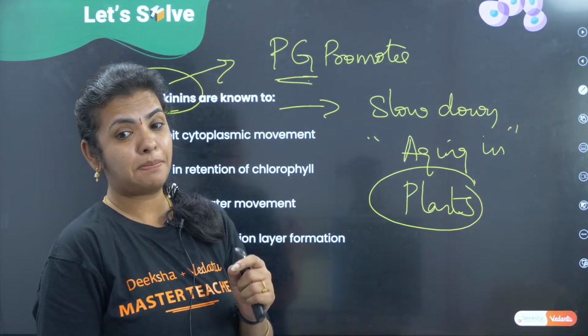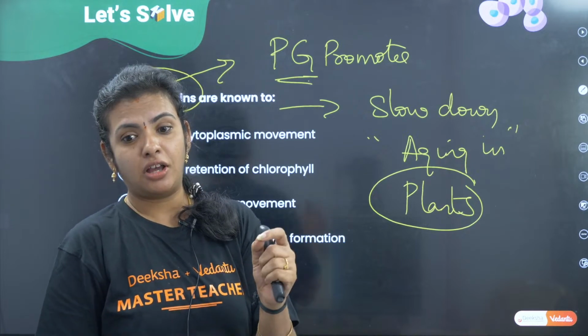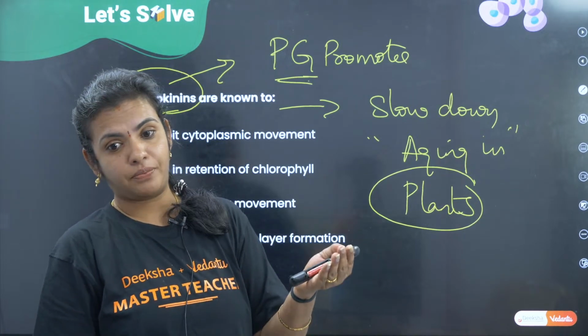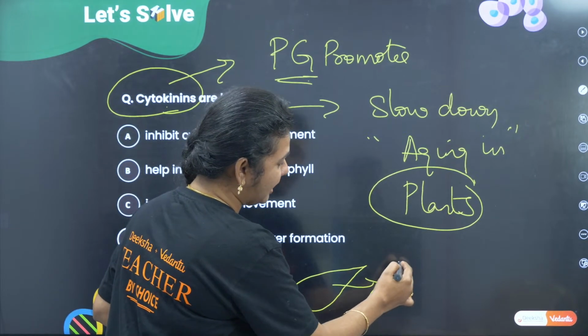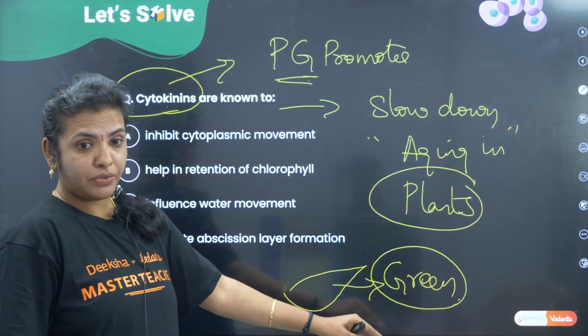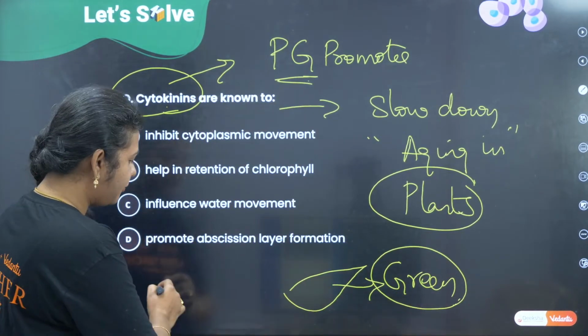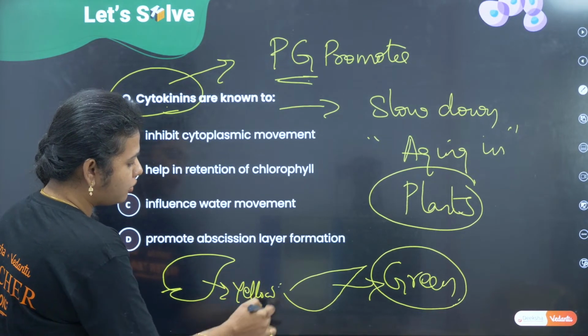So I am going to call this a magic hormone. How does a plant remain young? When does a plant remain old? So you have a leaf. The leaf is going to be green in color. Okay. You have another leaf. The leaf has become yellow or brown in color.